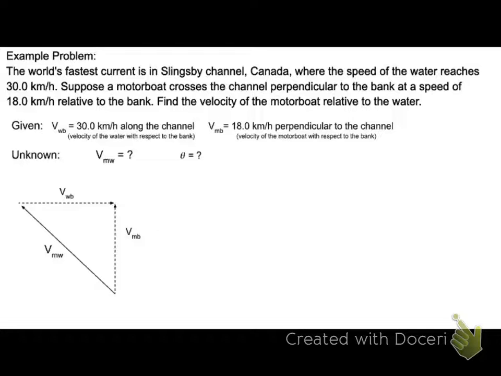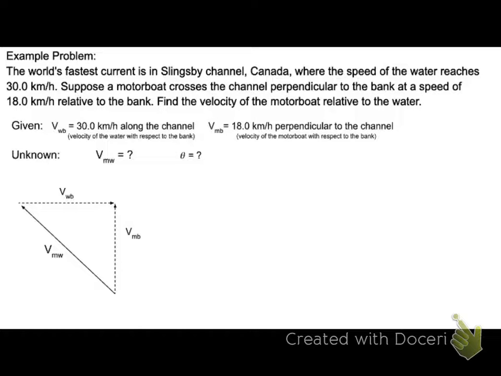But we want to know the speed of the motorboat compared to the water. The reason we've drawn it as a triangle like this is that in order to cross the bank like this, you're going to have to put the boat at a significant angle because of how fast the water is moving.